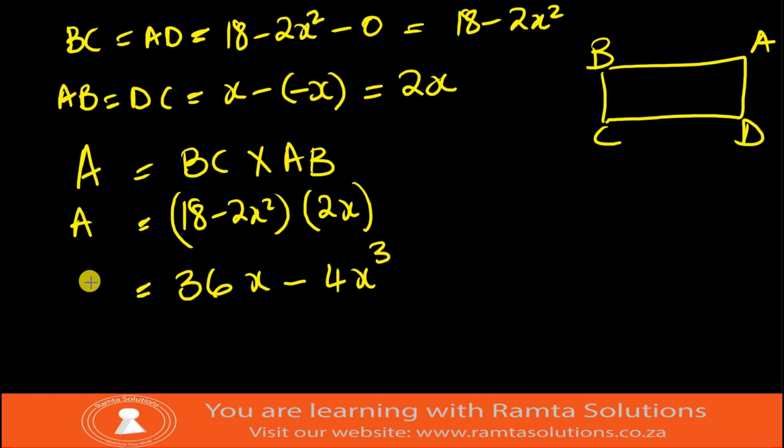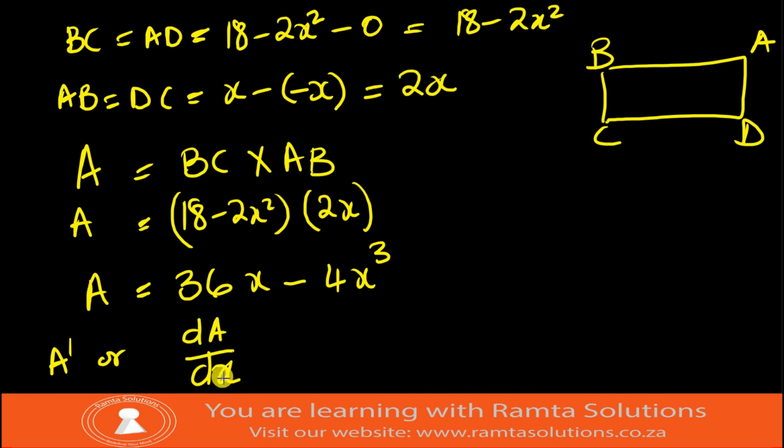This is A. As you can see, A is varying with x only. So we need to find A prime, or you can say dA/dx, it doesn't matter.